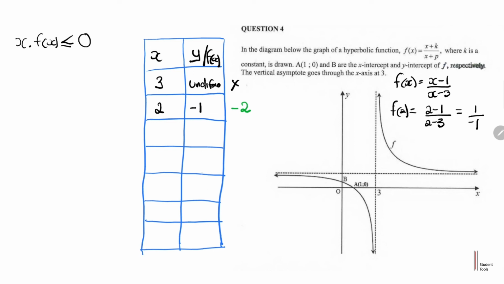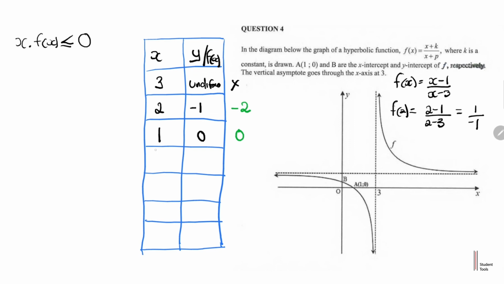So this is less than 0. And then we go to f of 1. When this graph is at 1, what is y or f of x? We have it here, it's the x-intercept. So that is 0, and 1 multiplied by 0 is equal to 0.